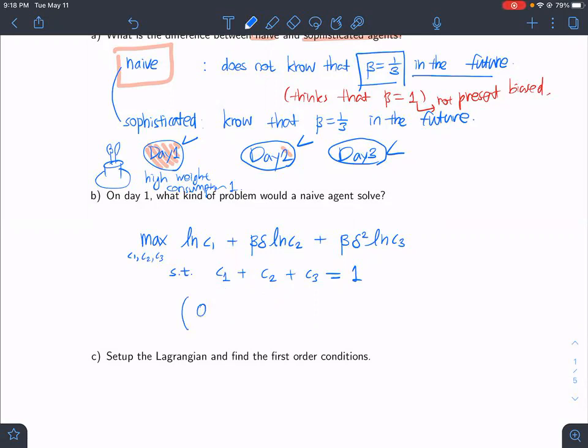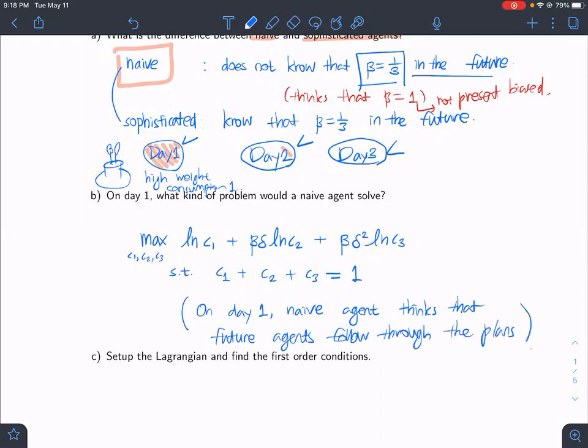On day 1, when solving this problem, the naive agent thinks that the future agent will follow through the plans.